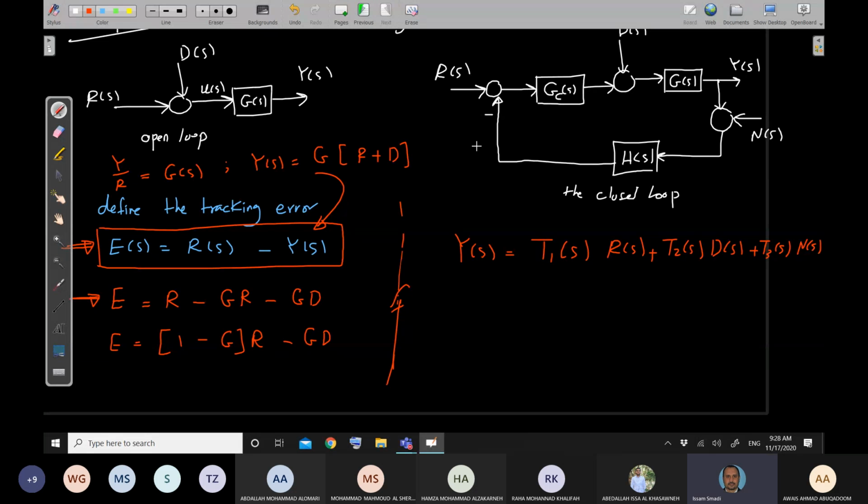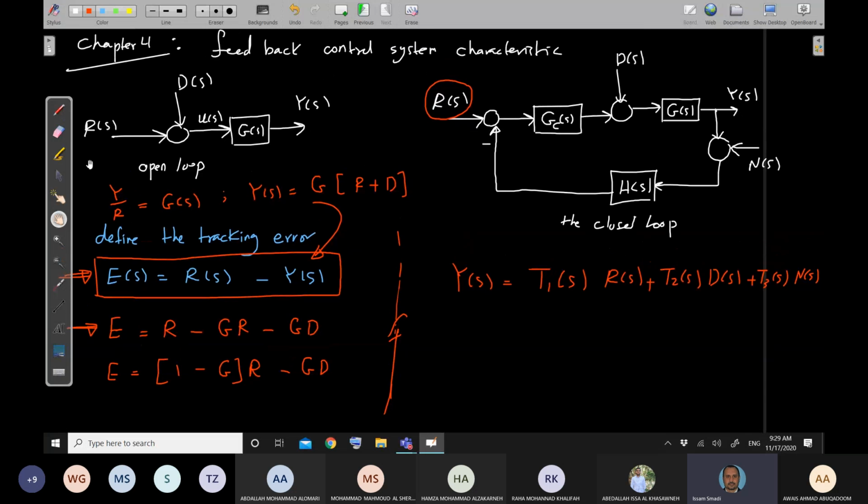Why? Because here I'm having three inputs. The first one is the actual input. The second one is the disturbance. The third one is the noise.